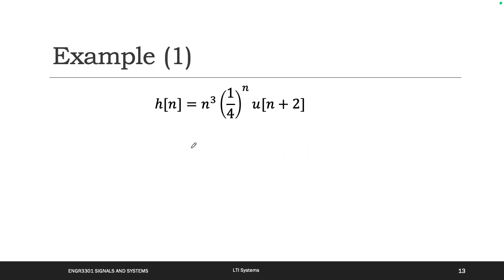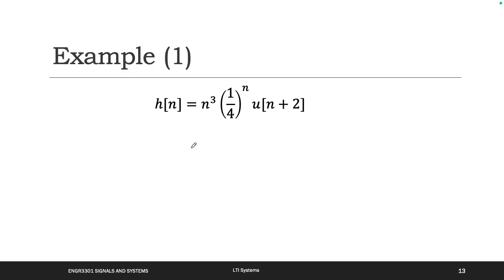This one is more complicated. Let's check if it is stable or not stable. If you want to check, you just need to check the range for n, am I right?